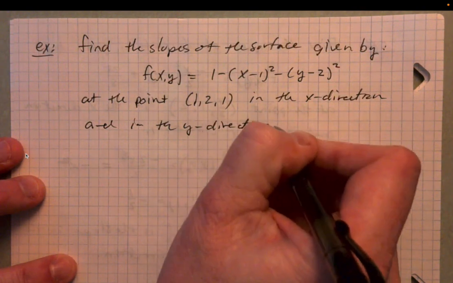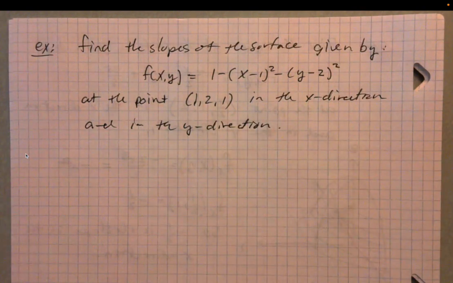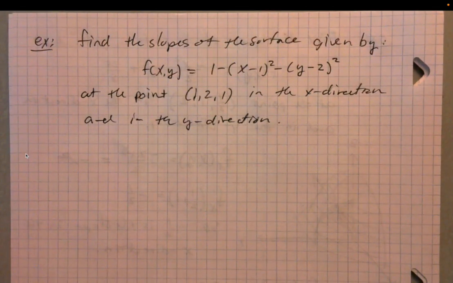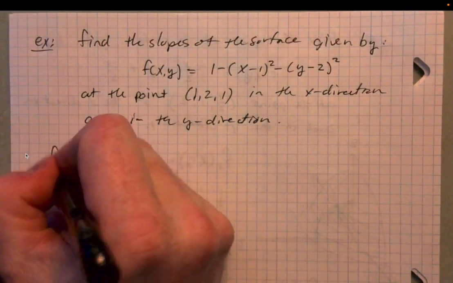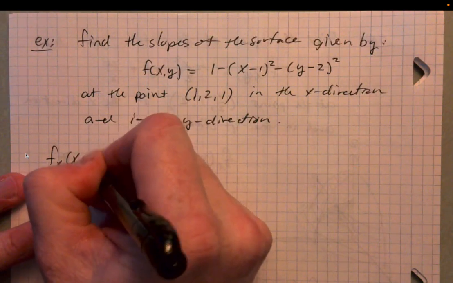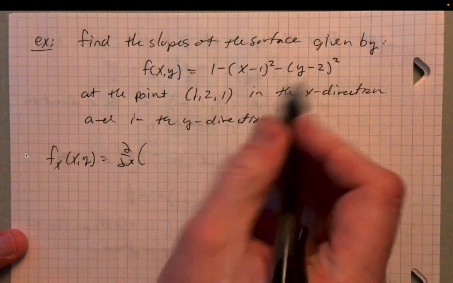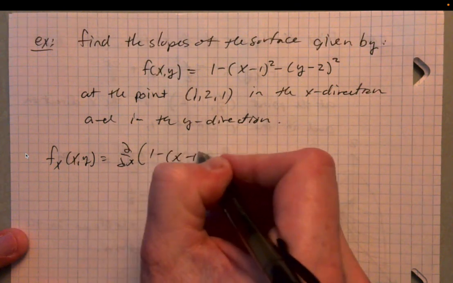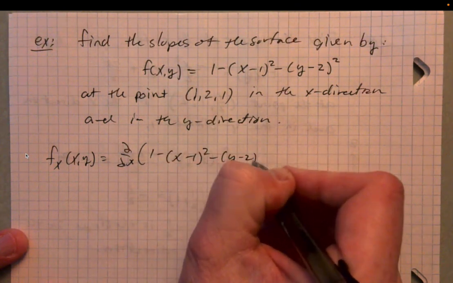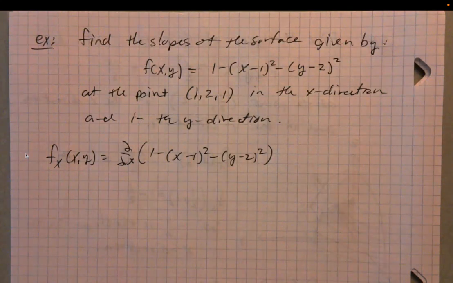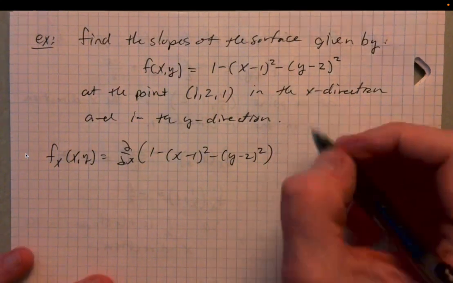All right, so again, simple derivatives to find, right? So let's first find the partial derivative with respect to x, right? And that's just going to be del x of this. And so again, I'm just using different notation here to kind of get people comfortable, to see how all this notation fits together.